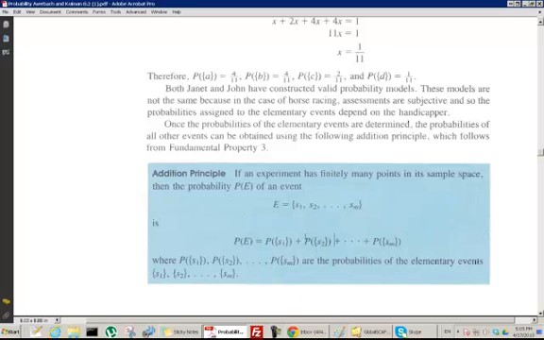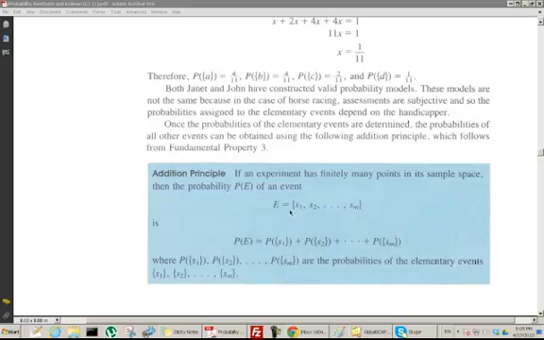We're asking for the probability of E, but this E can be written as the union of the elementary event S1, union the elementary event S2, union the elementary event Sm.